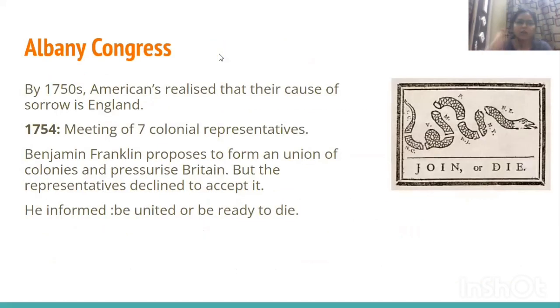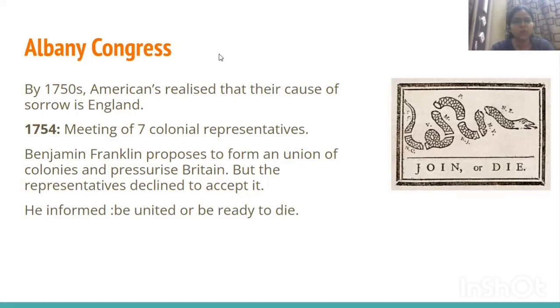Then we saw the Albany Congress. By the 1750s, Americans realized that the main cause of their sorrow was England. As a result, representatives of seven colonies met at Albany, which is called the Albany Congress. In this Albany Congress, later on, Benjamin Franklin published an article in a magazine with the image of a snake.